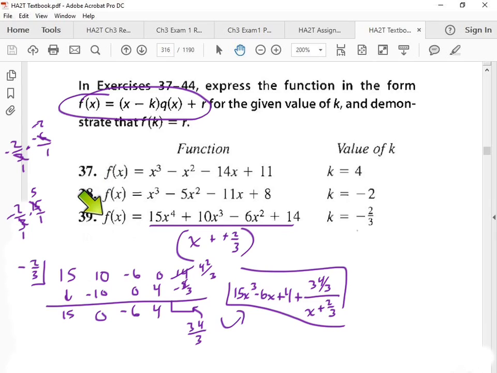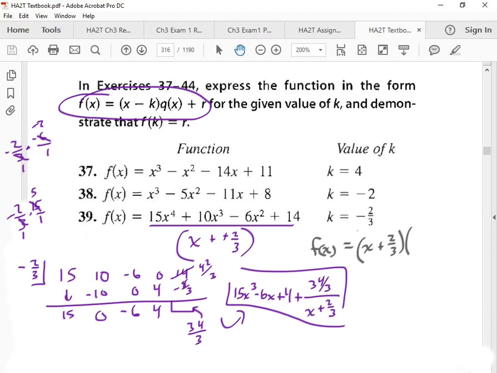We want to write this f in this form. So let's first write what we took out. All right, so we have, first we write the x, what is that, plus 2 over 3. And then you write what you get when you multiply that.